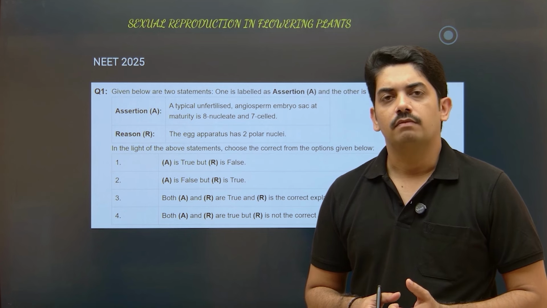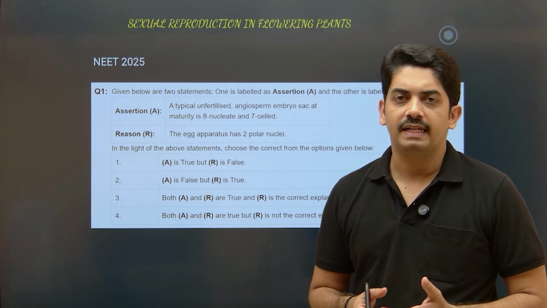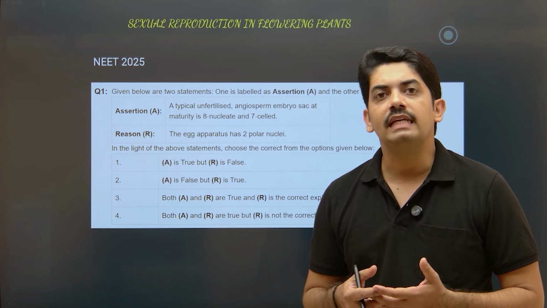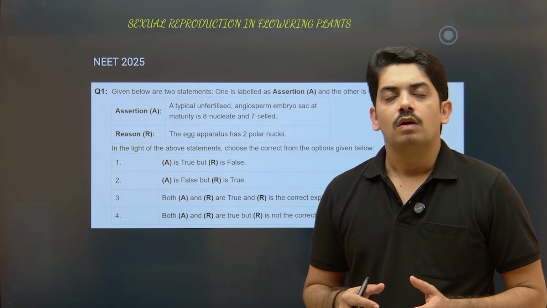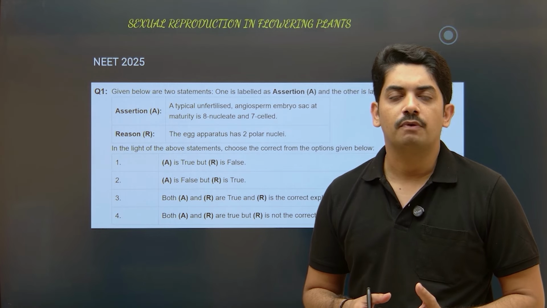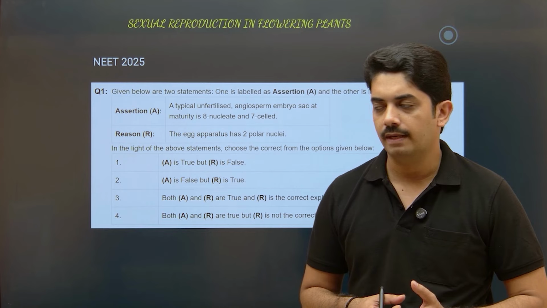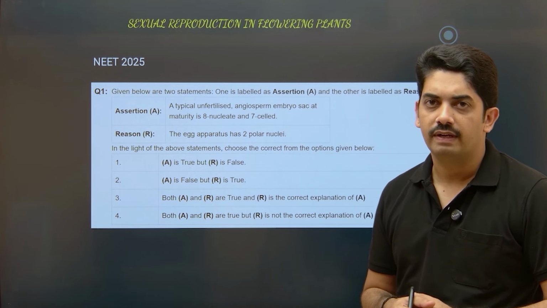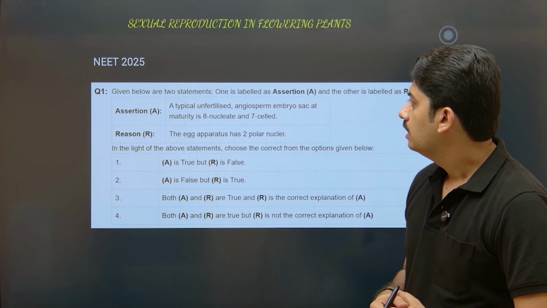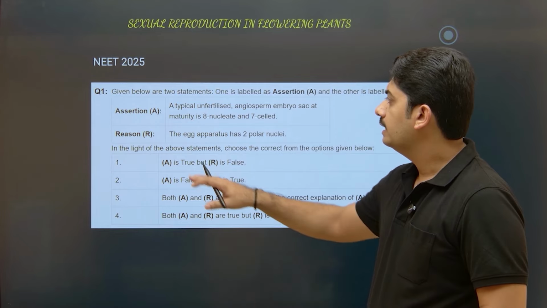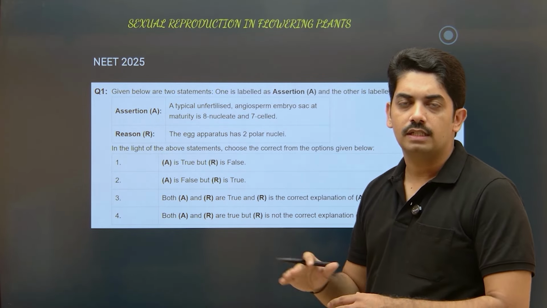So whenever we look into the different types of previous year questions, we will have a clear idea what type of approach we need to take to prepare for the competitive exams. Okay, so this is the question asked in 2025 NEET. Look at the pattern of the question paper. Here they have asked an assertion-reason type of question.